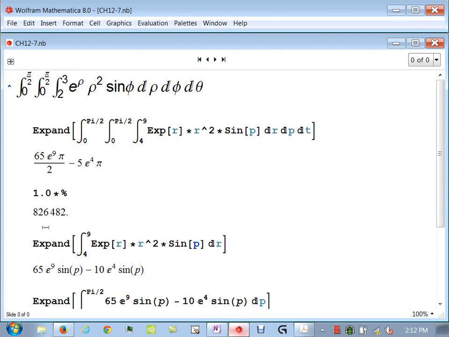This is just the value of the triple integral. If we did replace the e to the rho with the constant 1 function, then that would be the volume of that piece, which would have been much easier to get without calculus. We just find the volume of a sphere, subtract the volume of the smaller sphere, cut it into 8 equal pieces, and take one of those 8. That's the way you would do it if you wanted the volume. It's not a volume.